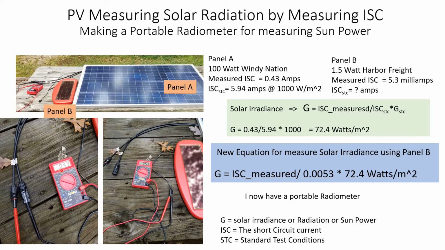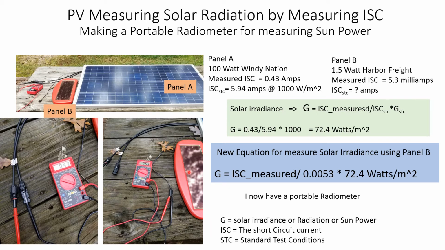All right, I'm measuring 430 milliamps or 0.4 amps. On the back panel, panel A, I have an STC current of 5.94 amps when I'm flashing 1,000 watts per meter squared onto that panel.